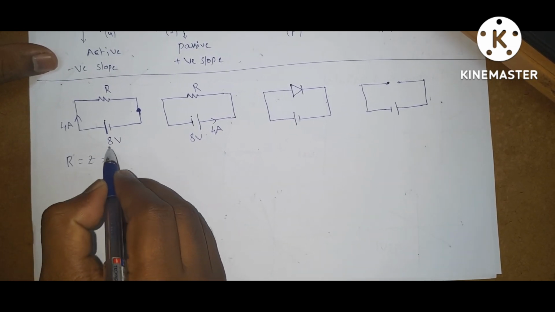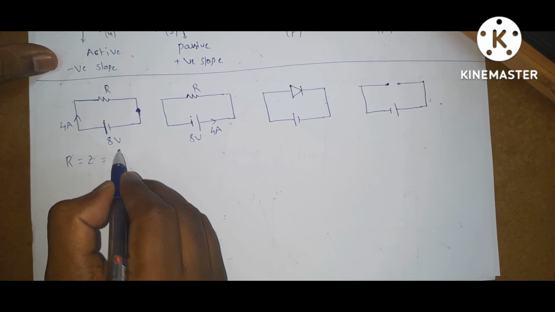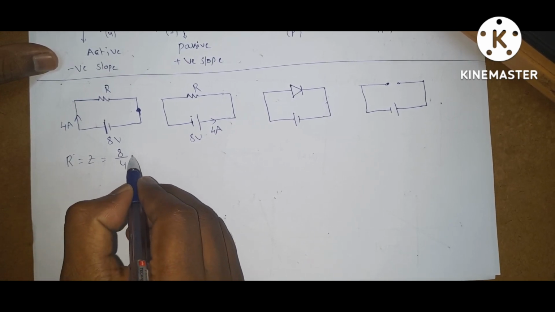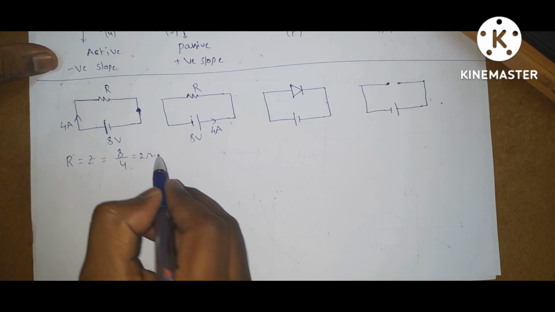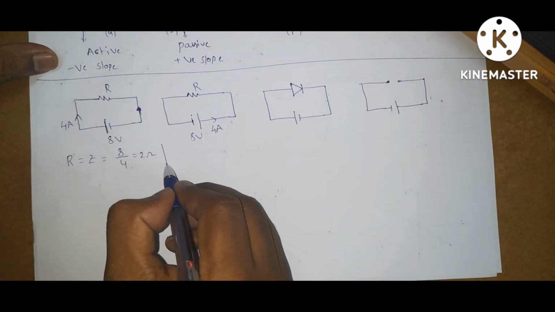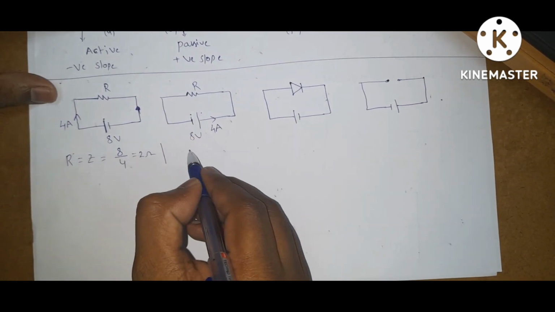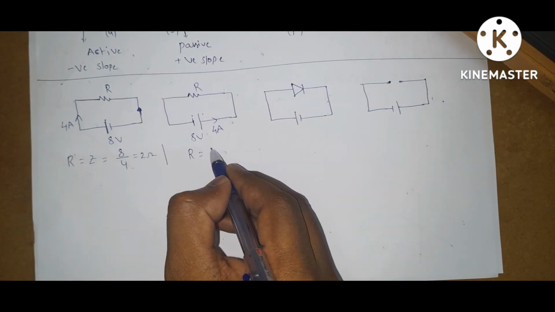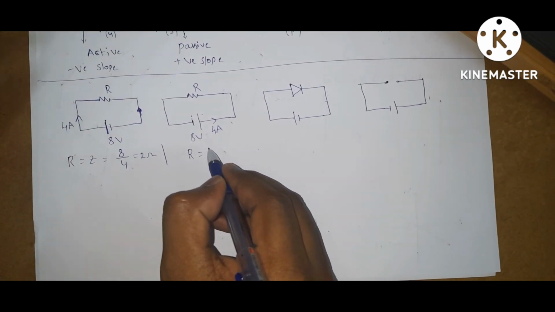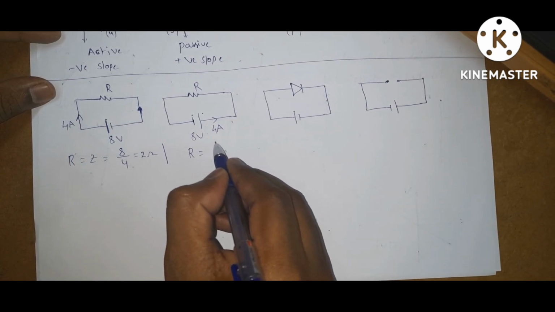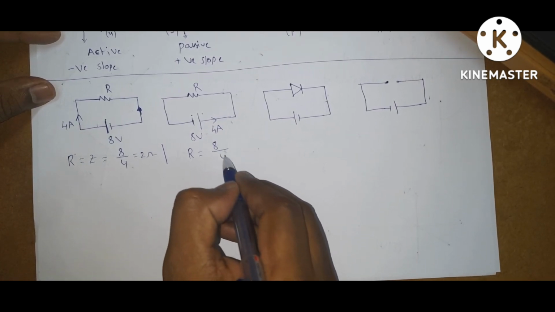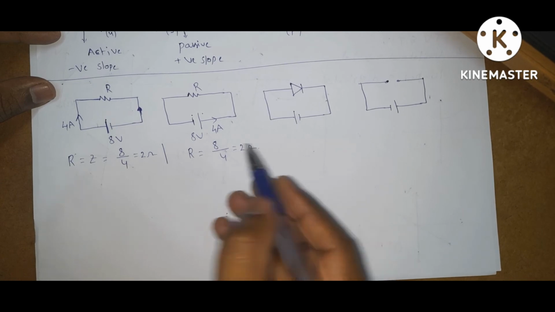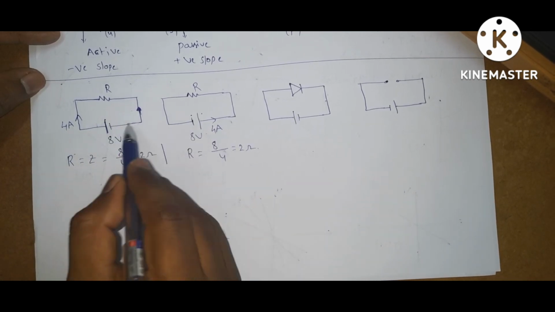Impedance is voltage by current. Voltage is 8, current is 4 amps, so you get 2 ohms. From this circuit, R equals V by I. Here the current direction is reversed, so R equals 8 volts divided by 4 amps, that is 2 ohms. So it is a bilateral element.